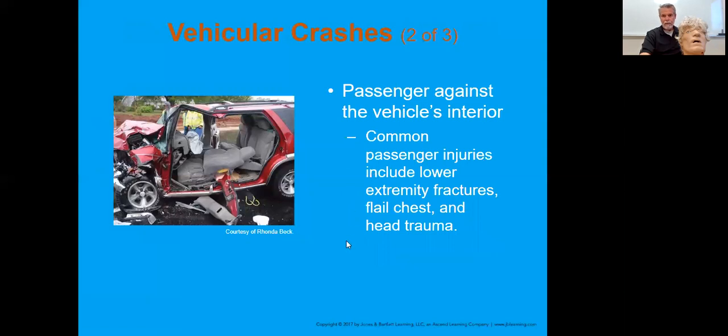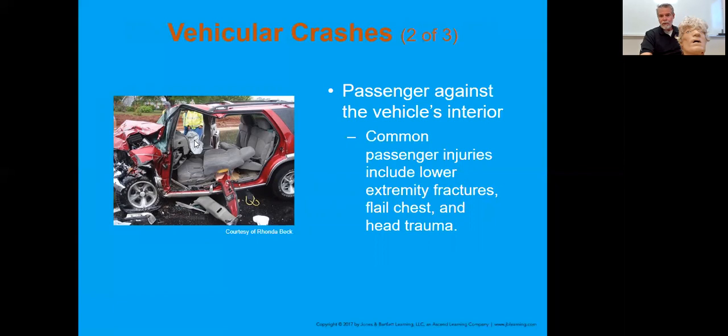Now, the passenger against the vehicle's interior. Again, as things start to compress, look at wherever this potential driver was seated. Potentially they hit their chest on that steering wheel. It could also be part of that intrusion on either the passenger or the driver's side door.